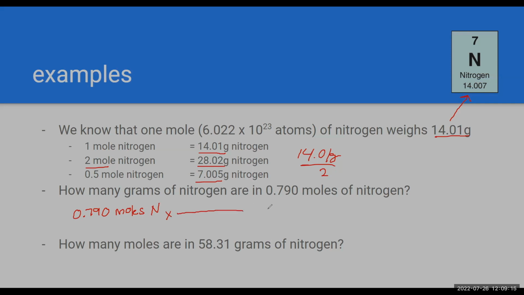And I want to get the grams. So in order to get the grams, I want to have the grams on the top. And I want to have the bottom to cancel out. So I'm going to put moles of nitrogen as the unit on the bottom. And you can also shorthand moles as just MOL.